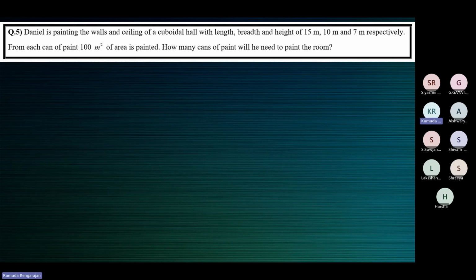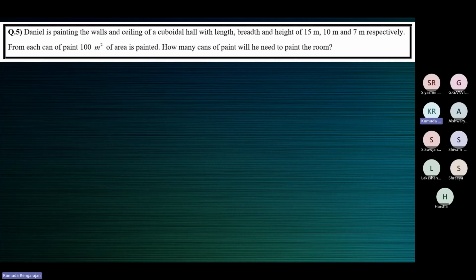Okay. So Daniel is painting the walls and ceiling of a cuboidal hall. Dimensions are given to you.